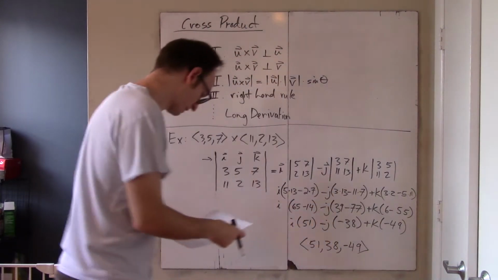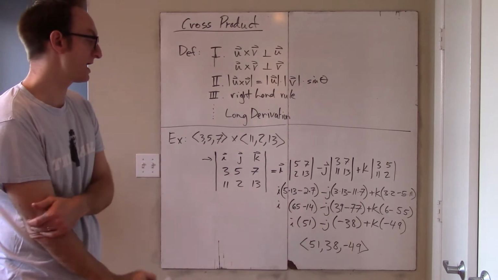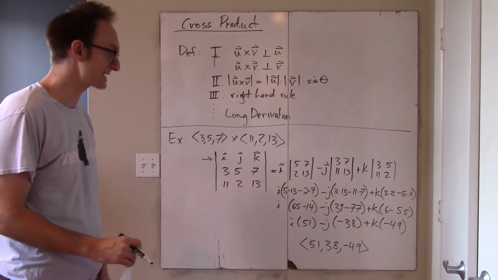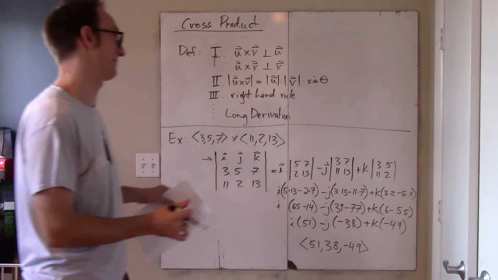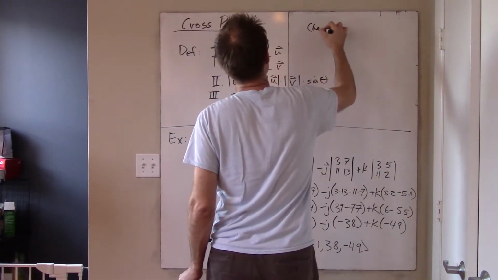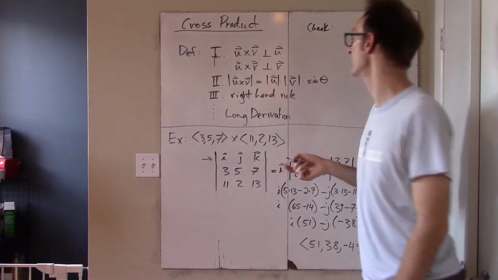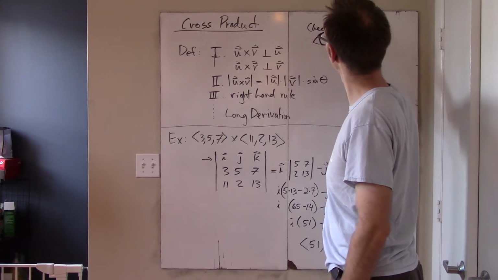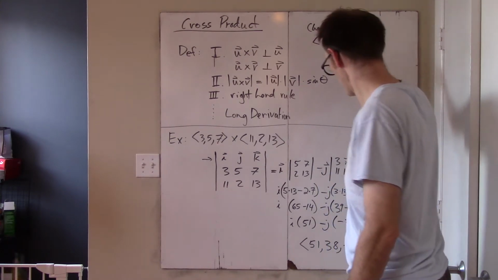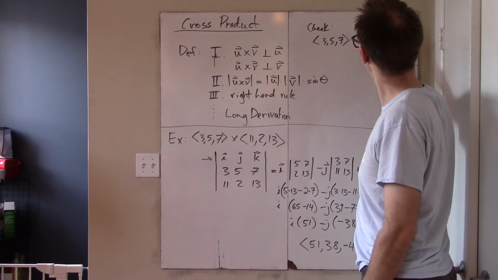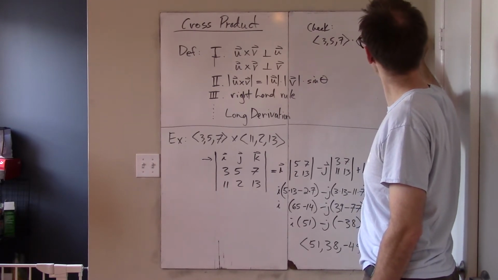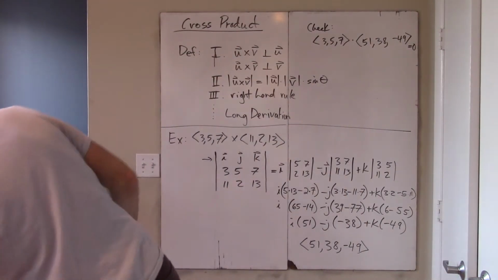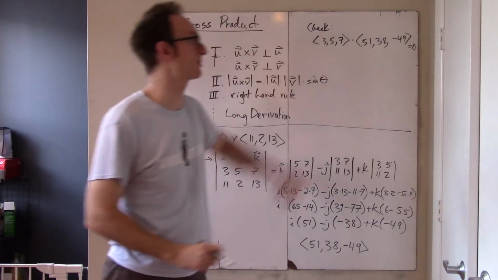Okay, so what I end up with is the vector 51, 38, negative 49. And that is right, according to me, and that is the cross product of these two vectors. Since it's the cross product, I claim that it is perpendicular to each of them. If you want to check this, I'm not going to do it, but you can. You can take 3, 5, 7 and dot it with 51, 38, negative 49, and you should get 0, because the dot product of these two vectors is 0 because they are perpendicular.